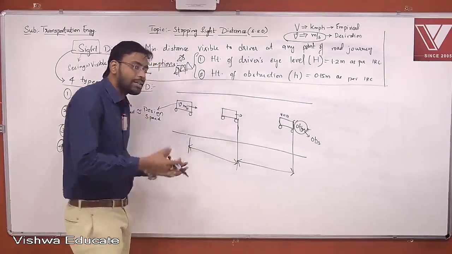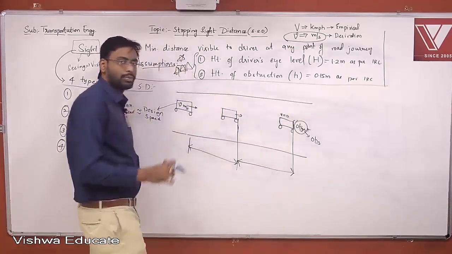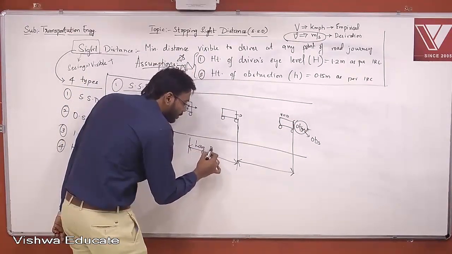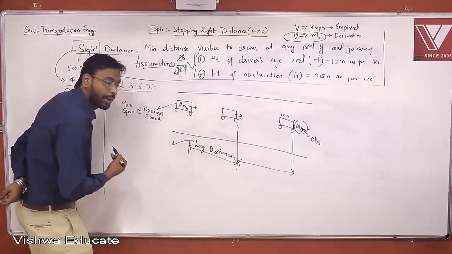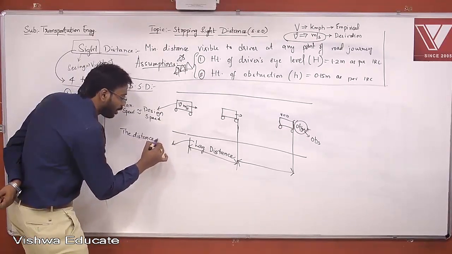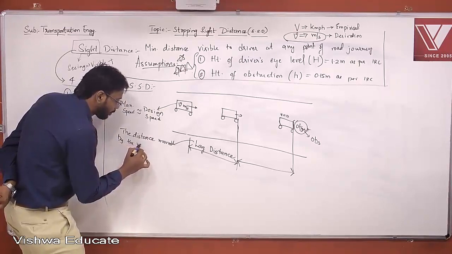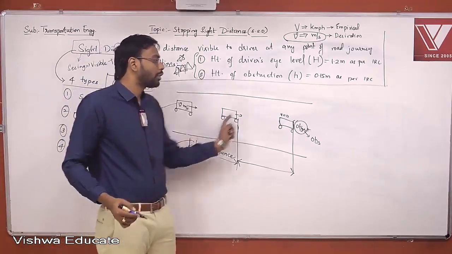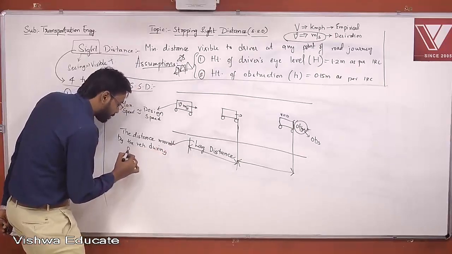The distance you travel while analyzing that object, I call this the lag distance. So what is lag distance? How can I define it? The distance moved by the vehicle during your thinking time, whether this is an obstruction or not. And that time is called the reaction time.